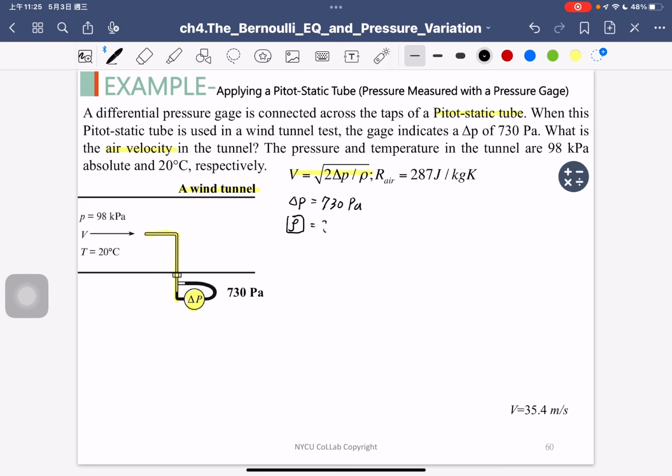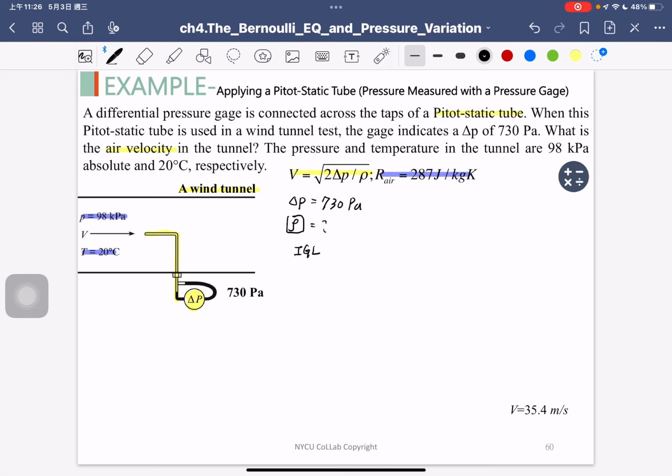So let's take a look at what parameters you have. The exercise provides the absolute pressure and the temperature, and I also provide you the gas constant. So you may know the equation we can apply is the ideal gas law, right?